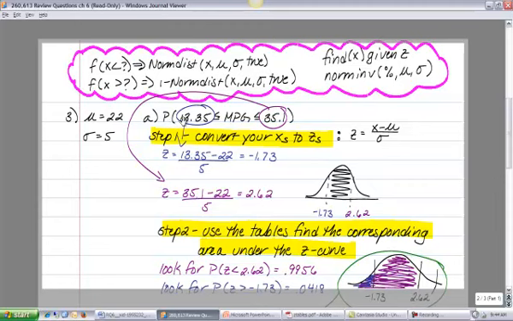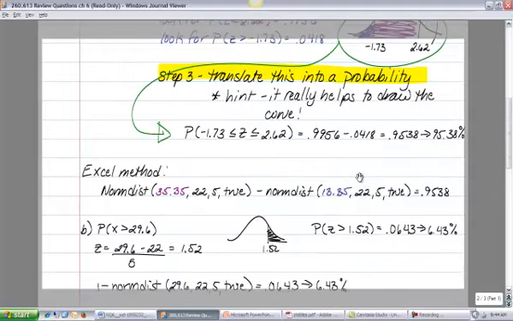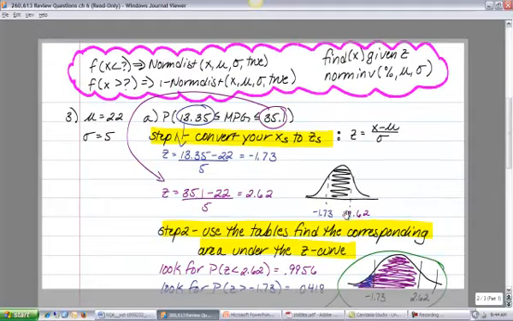So the probability that miles per gallon is between 13.35 and 35.1 can be translated into saying the probability that z is between negative 1.73 and positive 2.62. Okay, so I've done my first step. I've converted my x values to their corresponding z values.